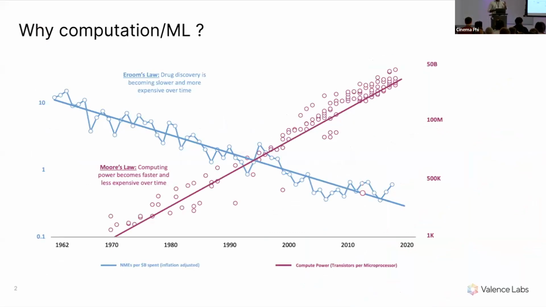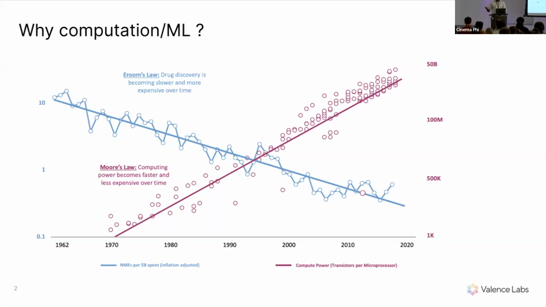But in reverse, what we are seeing is that drug discovery is getting more expensive, and we have been putting a lot fewer drugs out during the last decade or so. Why are we getting cheaper compute, but struggling to get more drugs out?